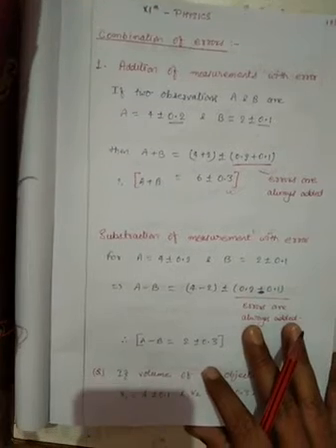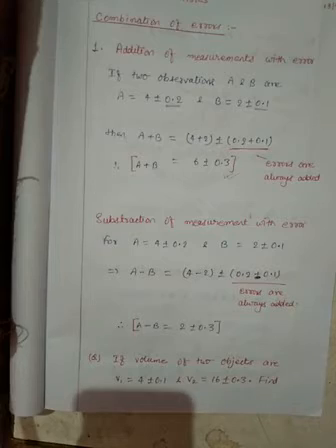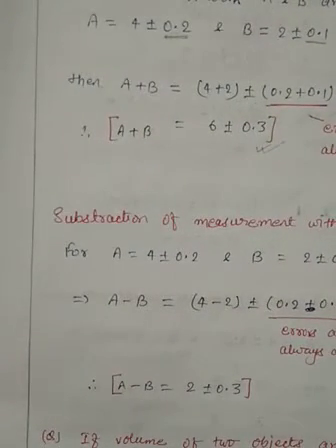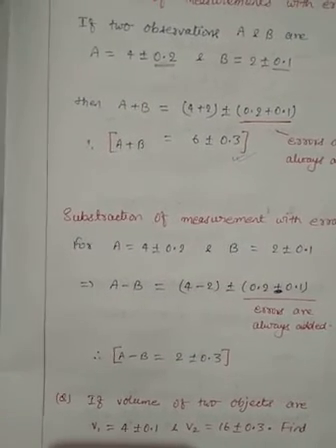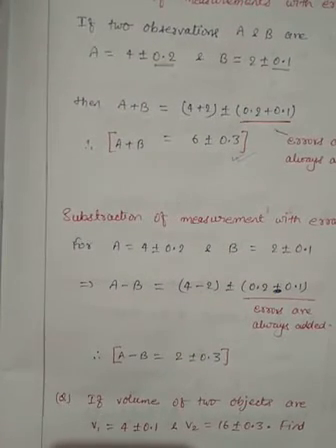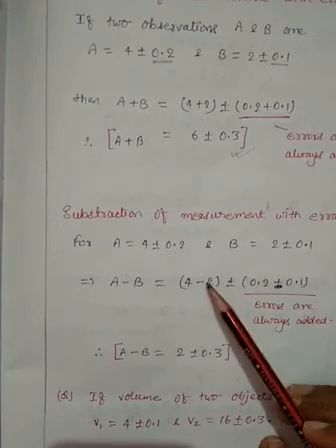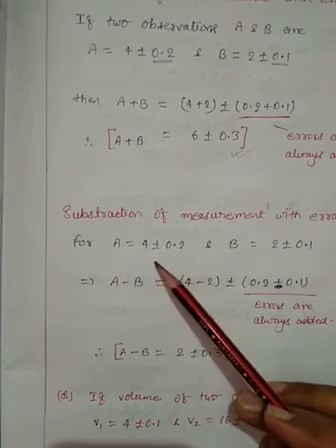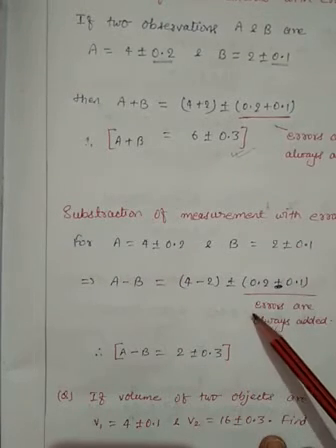Now suppose that we are interested in calculating the subtracted value. Suppose that we want to subtract, and what is the result? Mind it, in subtraction we will follow the same rule for the main part. For example, we again have A as 4 plus minus 0.2 and B as 2 plus minus 0.1.